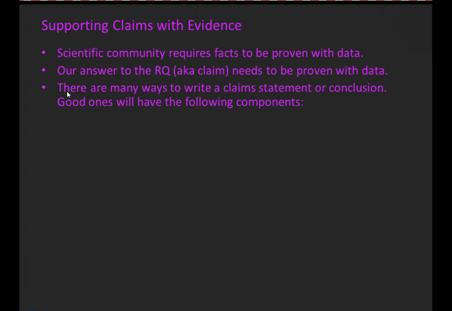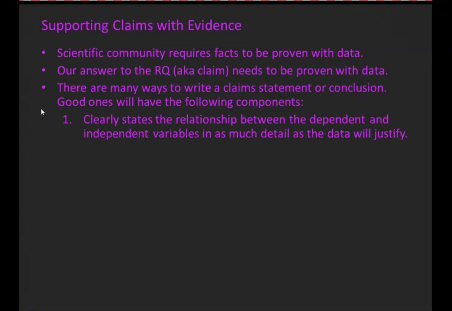There are many ways to write a claim statement or conclusion. Good ones will have the following components. First, it clearly states the relationship between the dependent and independent variables in as much detail as the data will justify. Be as specific as the data will allow you to be.